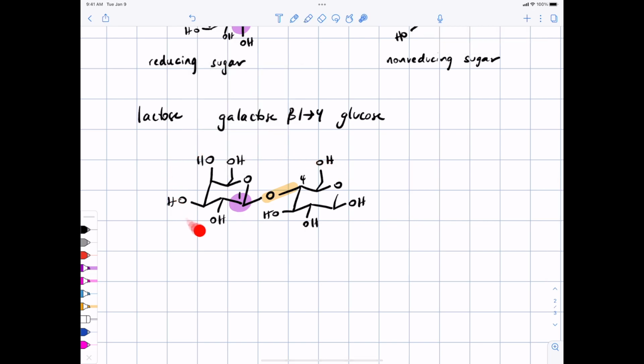And this is a component of a carbohydrate that's found in milk. And in human infants, their intestines express an enzyme that can hydrolyze that linkage. It's called beta galactosidase.